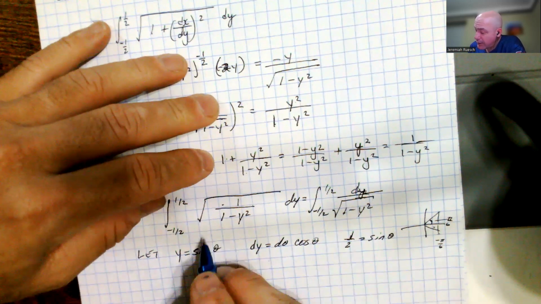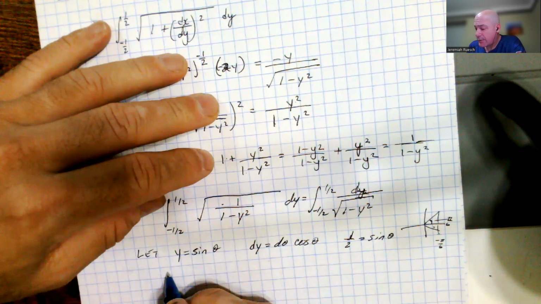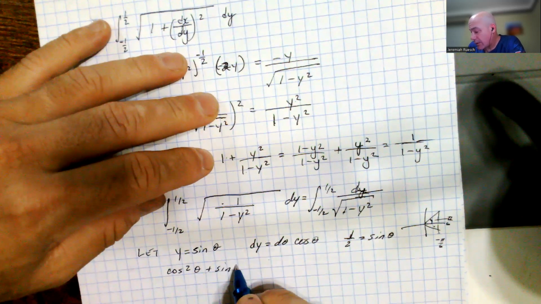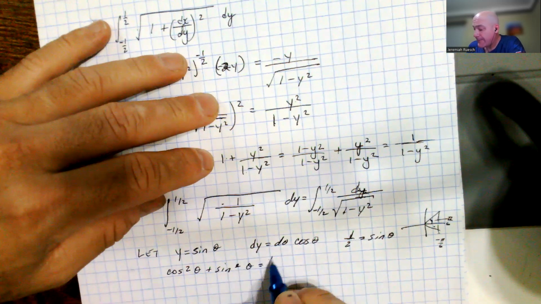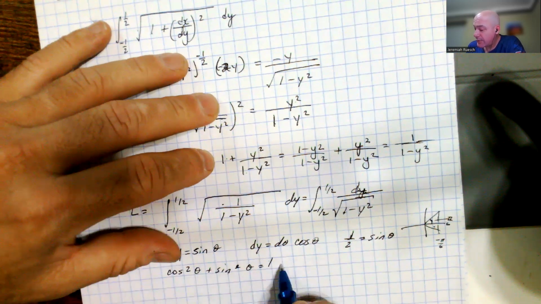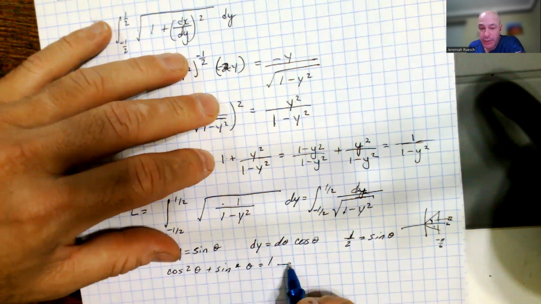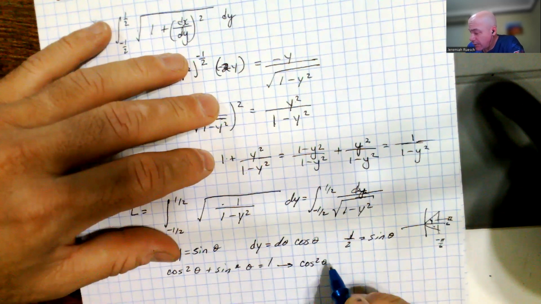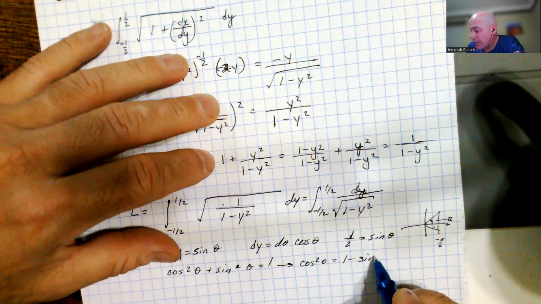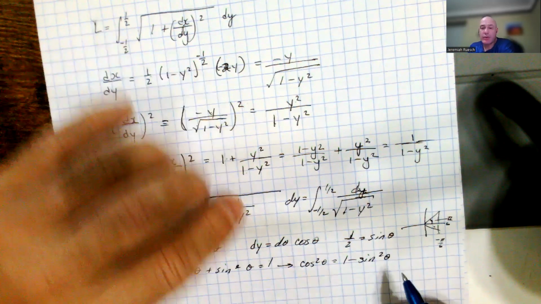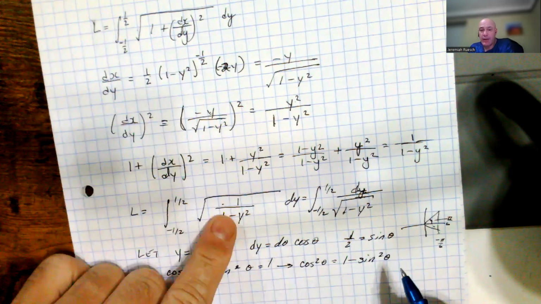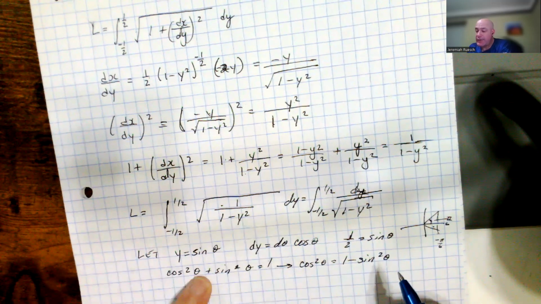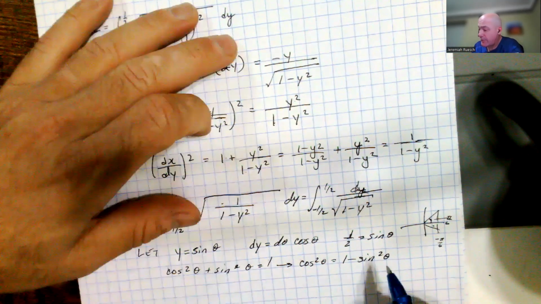I also want to recall that cosine squared theta plus sine squared theta equals 1. If I subtract sine squared theta over, you get cosine squared theta equals 1 minus sine squared theta, which is the motivation for this, because some nice things are going to happen.